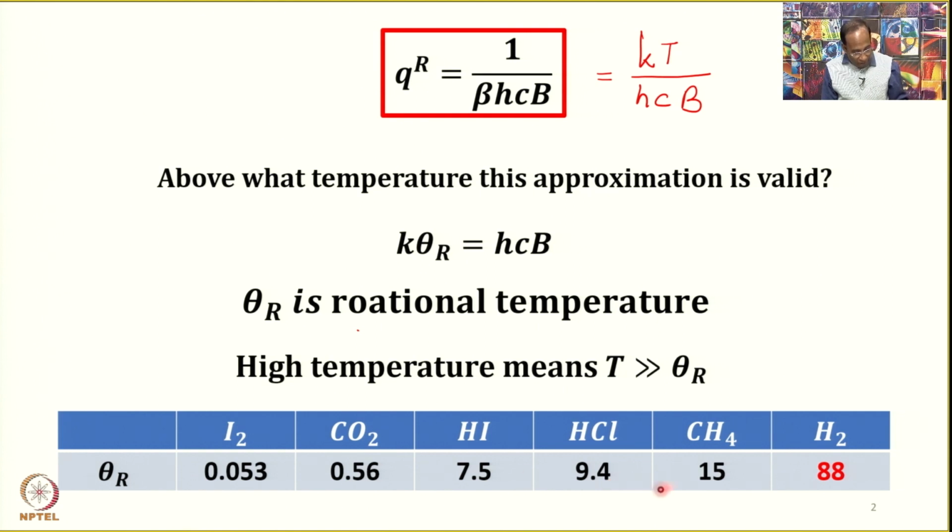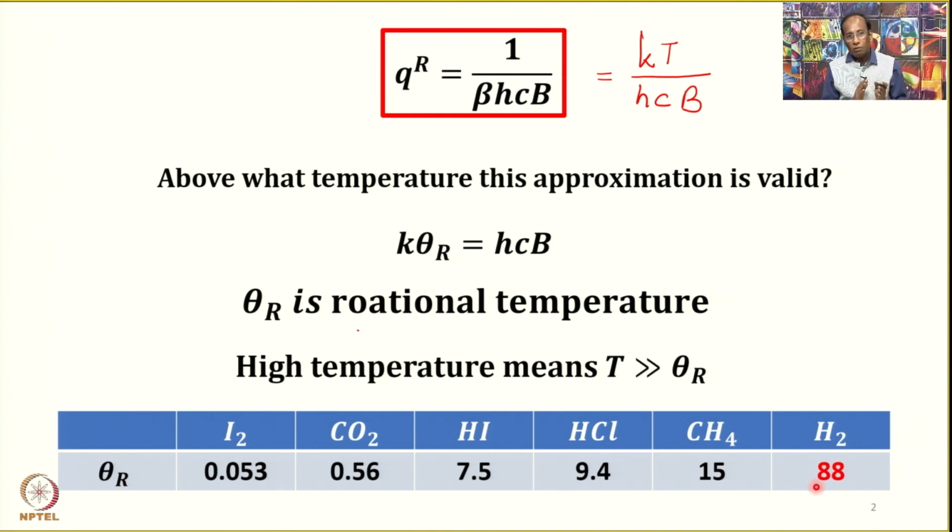If you see a trend in this, iodine is a heavy molecule, then carbon dioxide is a relatively lighter molecule. Then you have hydrogen iodide, hydrogen chloride, methane, hydrogen. Hydrogen has relatively higher value of rotational temperature. These all are given in terms of Kelvin.